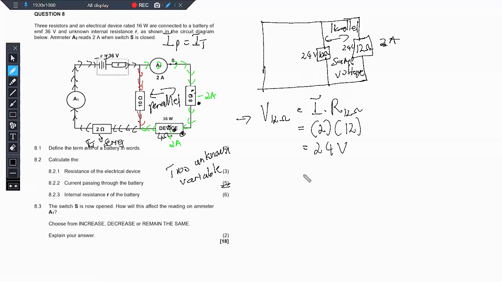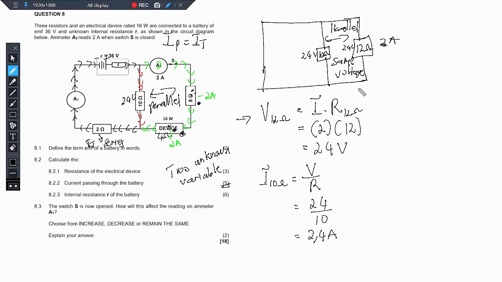Now, in order to further calculate, we have 24 volts here. Remember, we are looking for the total current, but then we can easily calculate now the current through the 10 ohm resistor. So we say current of the 10 ohm resistor is equal to voltage over resistance. Then this will give us 24 divided by 10, right? Which is 2.4 amperes.